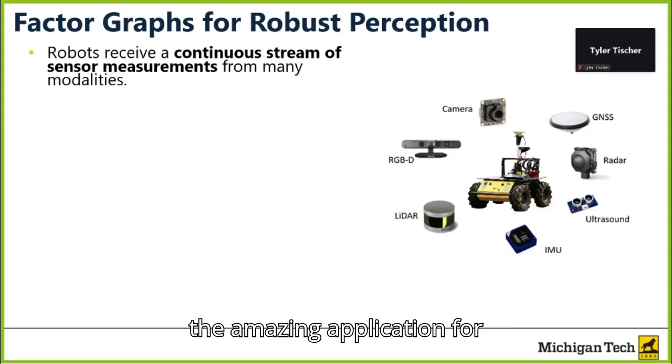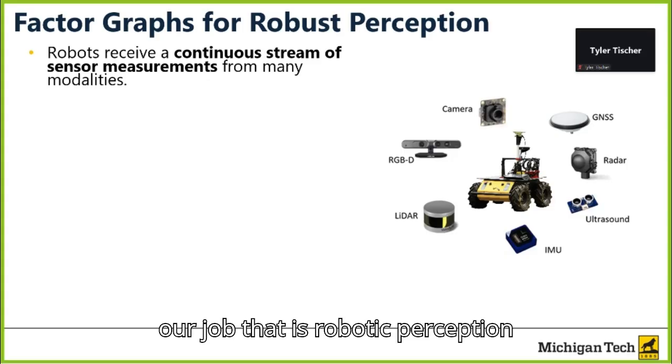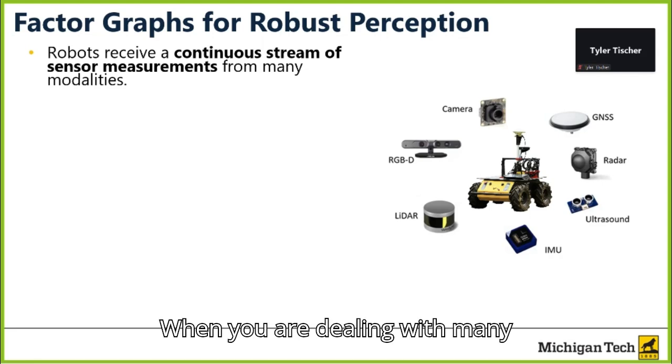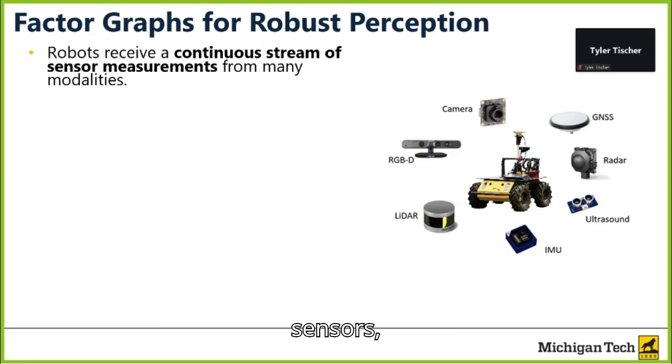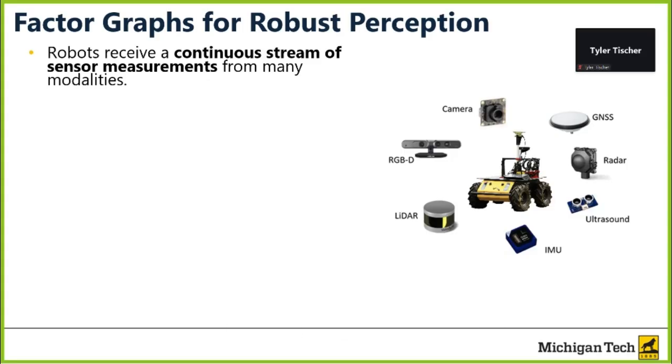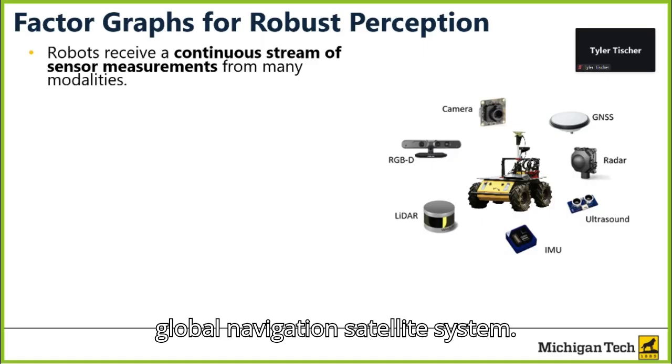Okay, let's see an application. One of the amazing applications for our job, which is robotic perception, is actually fusion. When you are dealing with many sensors, the beauty of the factor graph shines. So imagine we have cameras, IMU, LiDAR, GPS, and GNSS, which is also a kind of GPS, the global navigation satellite system.